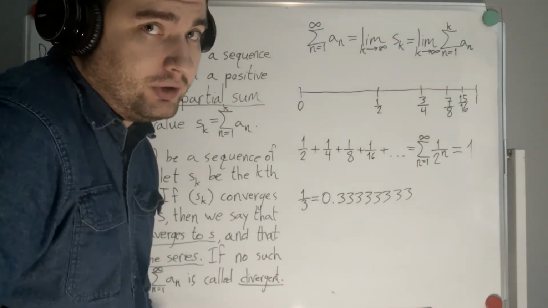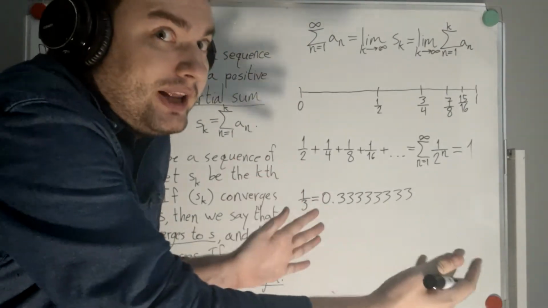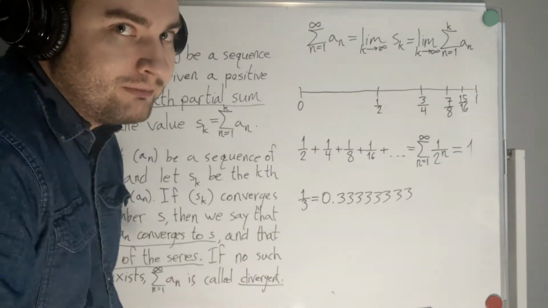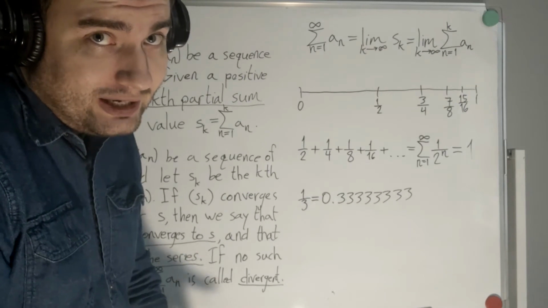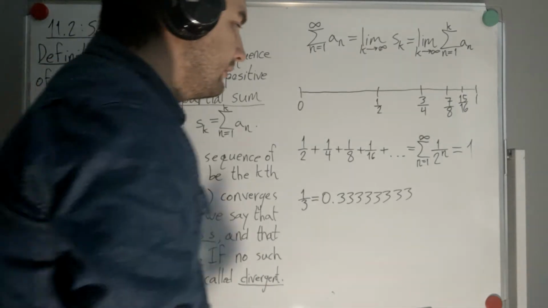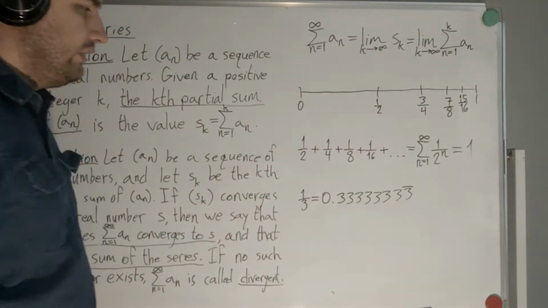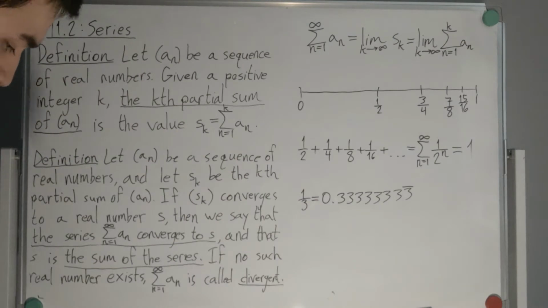And it's not going to keep going because the calculator has a limited display. It can't keep displaying digits forever, so it's going to round for you. It's not going to display all of them because there are literally infinitely many of them. So instead we think of this as 0.33333 repeating. Okay, it's a repeating decimal.